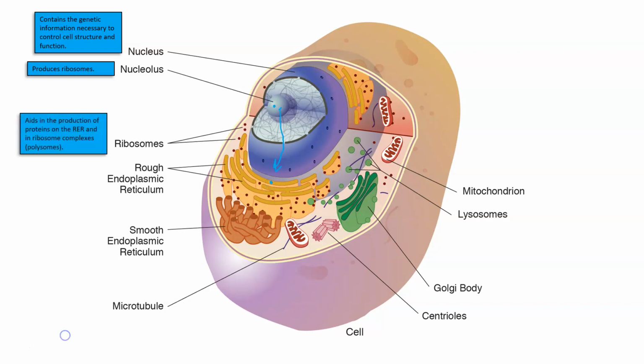Okay, what do those ribosomes do? The ribosomes are going to aid in the production of proteins on the rough ER and in ribosomal complexes called polysomes. It is important to note, though, that not all ribosomes are going to attach themselves to the rough ER. A large portion of them will, but some ribosomes you will see are going to be out here, not attached to the rough ER.